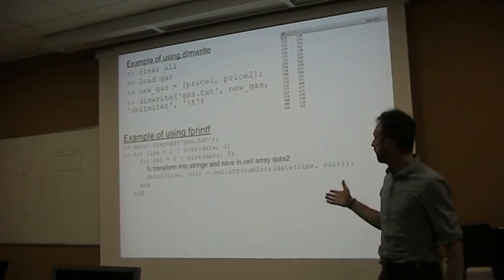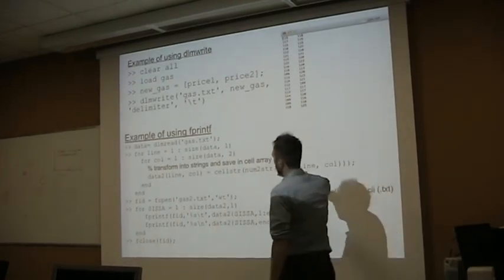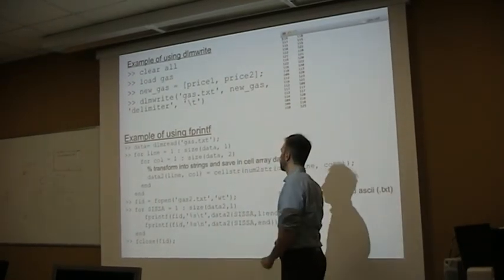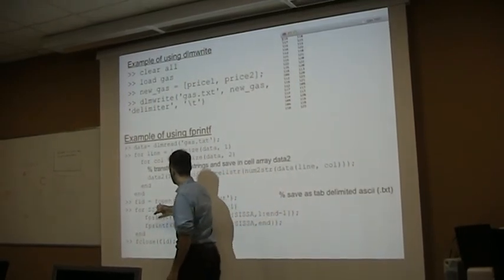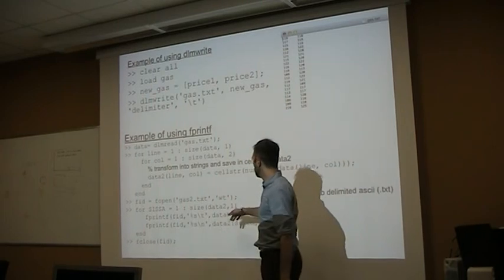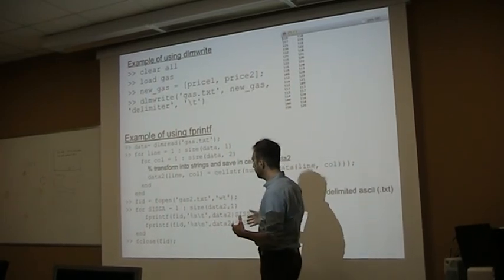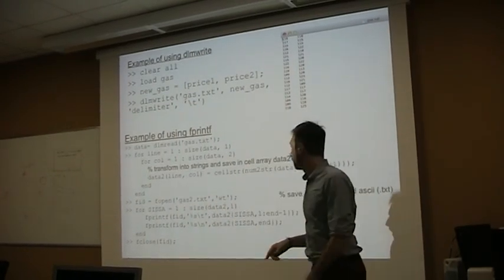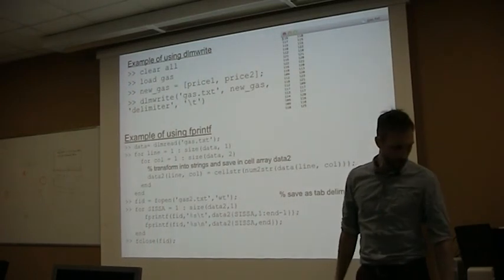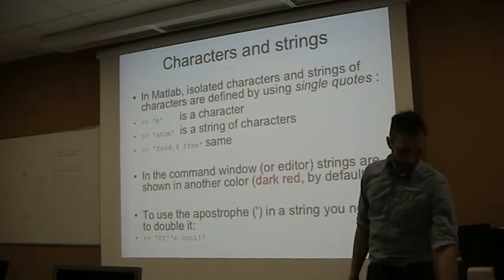So I'm not going to go into details now, but you need to transform it into strings, and then you need to do an fopen, and then you do a loop, so you have strings separated by tab, and at the last column, there's an end for going to the next line, and then you do an fclose. Okay.